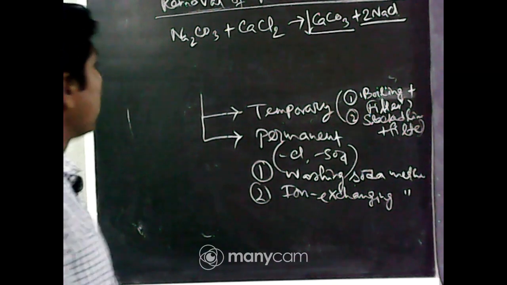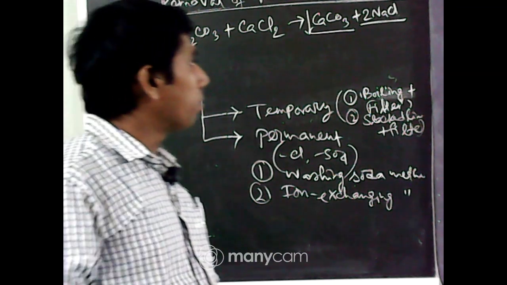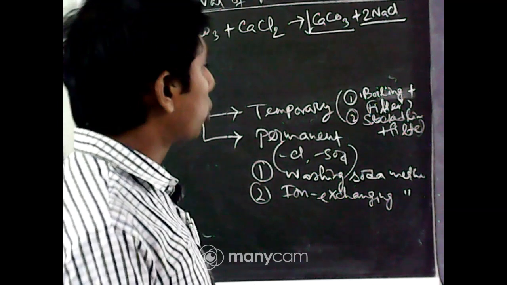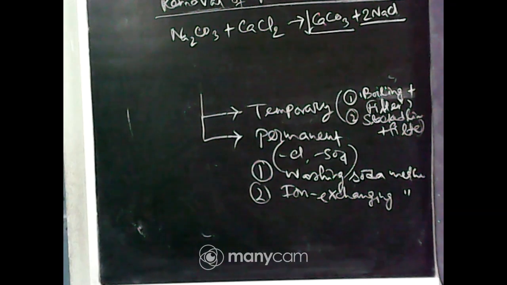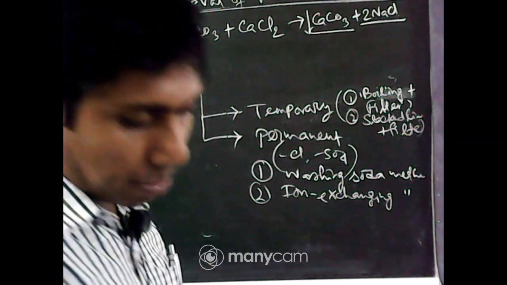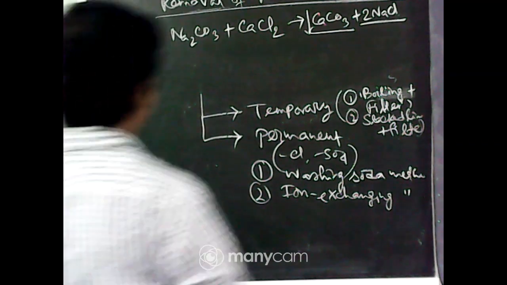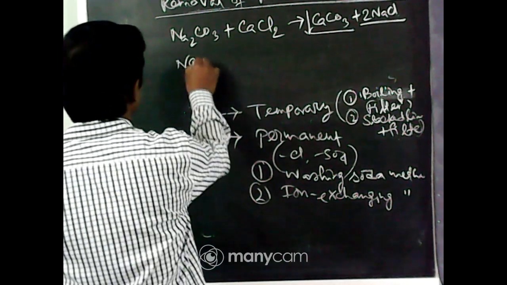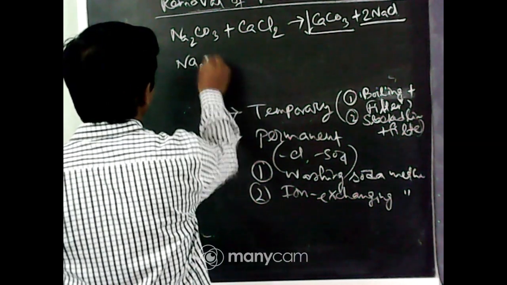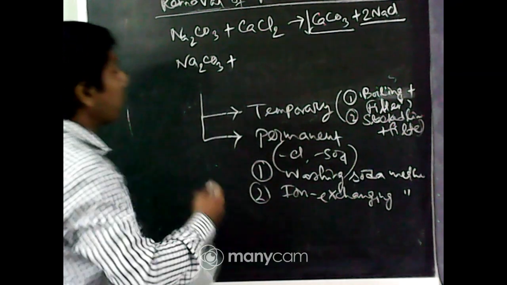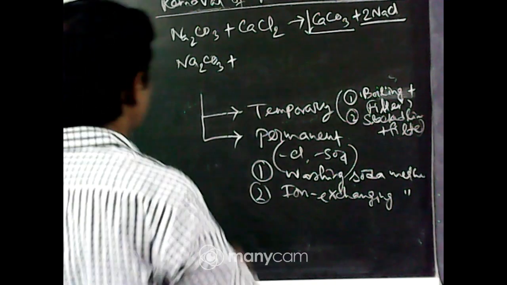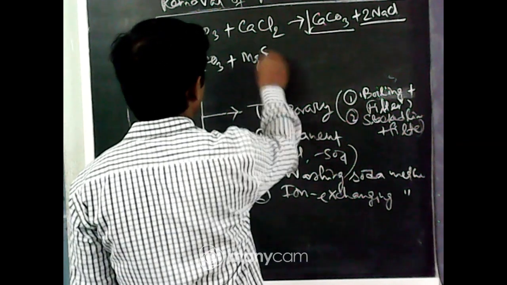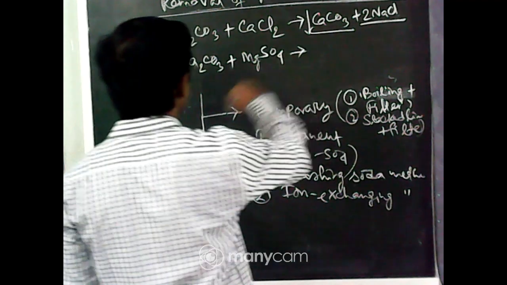As calcium carbonate is deposited at the bottom of the experimental chamber and NaCl is soluble, this is the removal of permanent hardness by the washing soda method. Another one, suppose Na2CO3 plus a sulphate salt, say magnesium sulphate, is present.